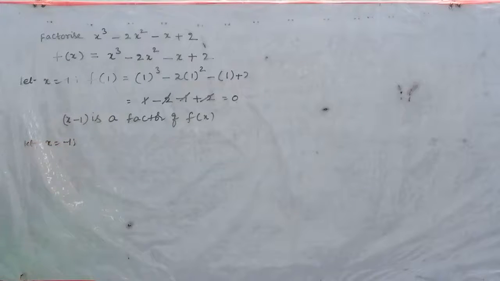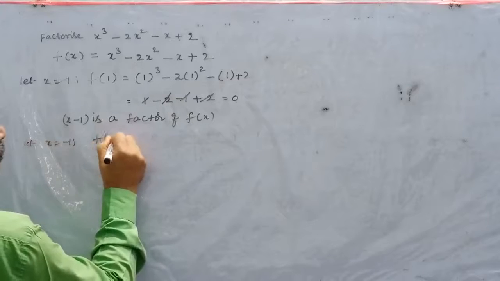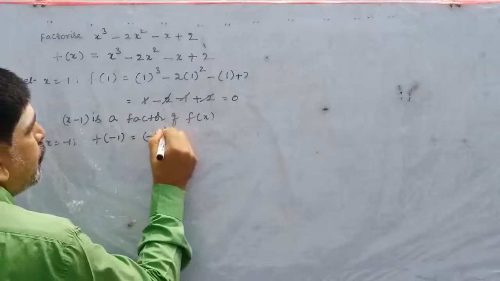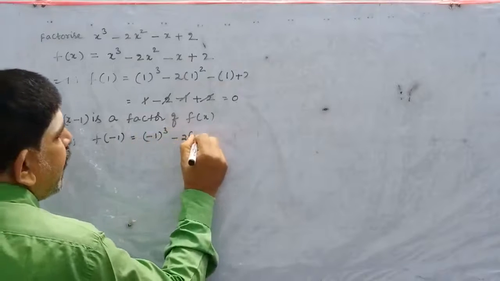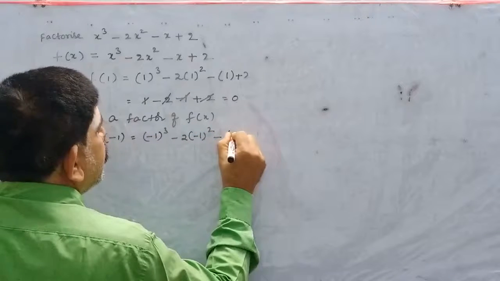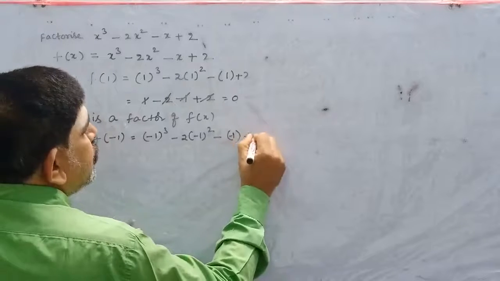Substitute x is equal to minus 1. f of minus 1 is equal to minus 1 whole cube minus 2 into minus 1 whole square minus of minus 1 plus 2.